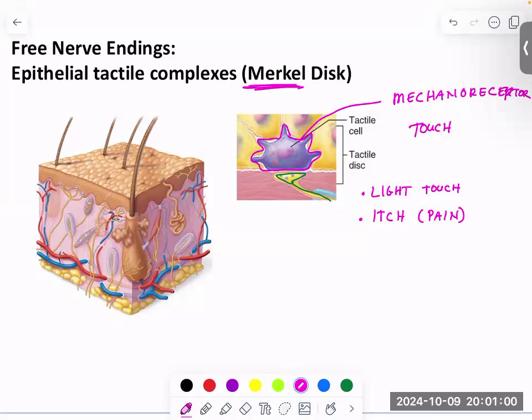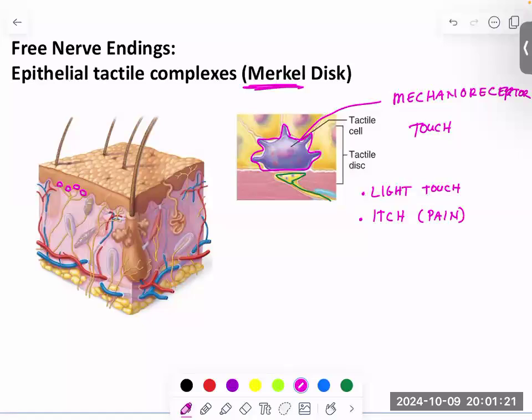It is the mechanoreceptor. So it's the disc that sits on top of the neuron. And it acts as a mechanoreceptor. They will be located right here, at the very bottom of the epidermis. Those are all Merkel's disc.